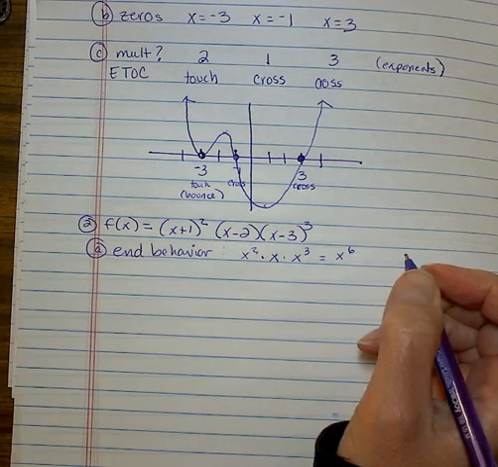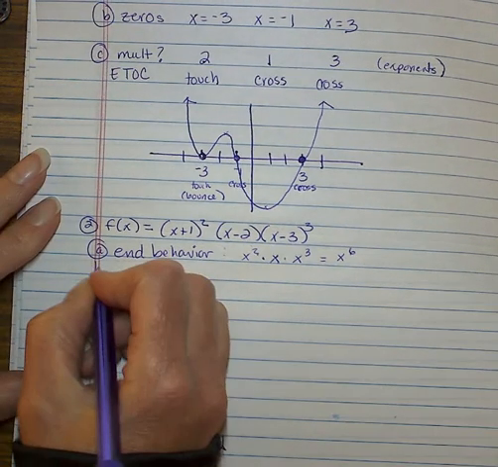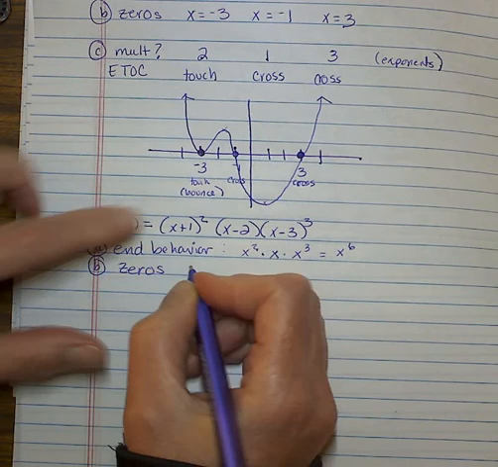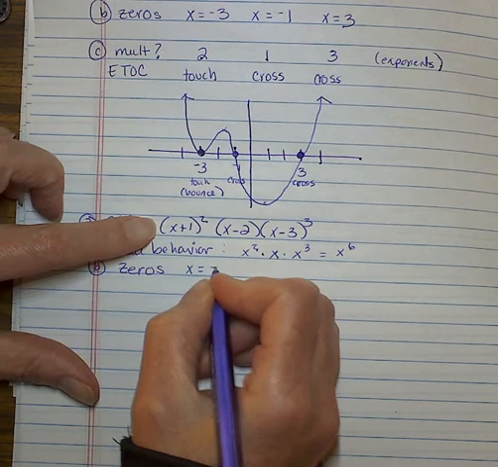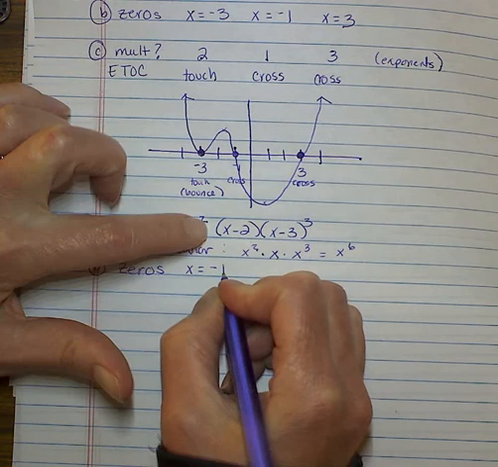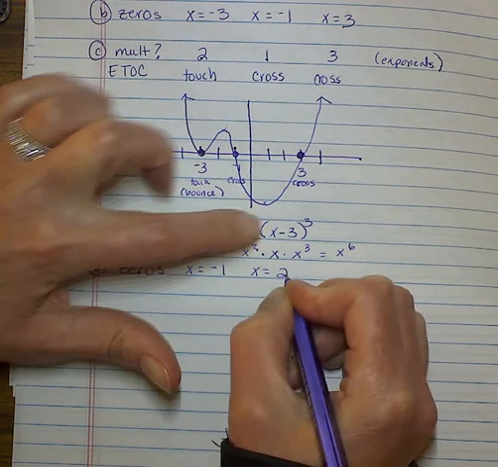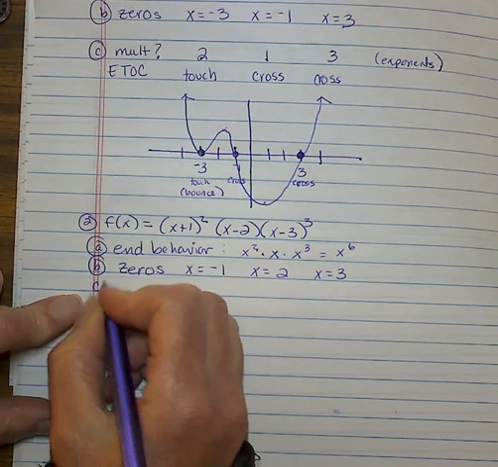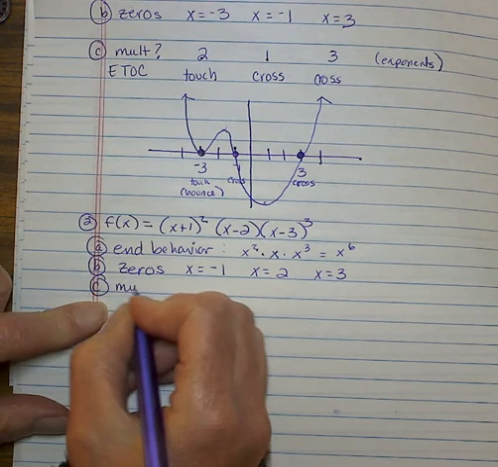Okay, next step, find our zeros. First zero, x equals -1. Second zero, x equals +2. Third zero, x equals 3. And then letter C, find your multiplicity.